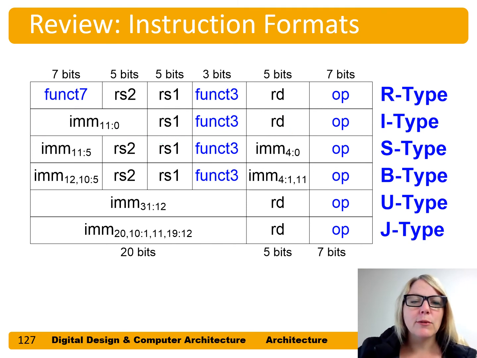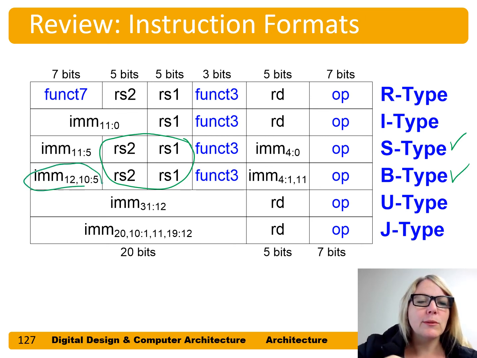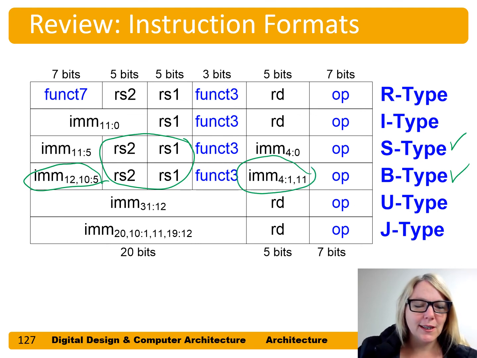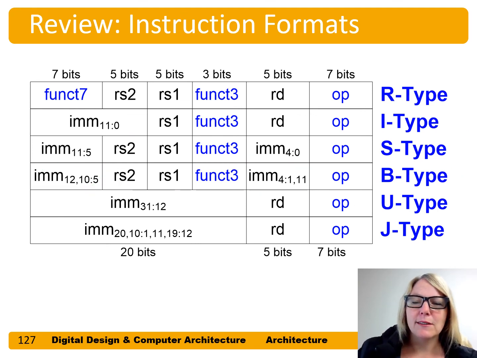S and B type instructions have 2 source operands and an immediate. For S-type instructions, a 12-bit signed immediate. For B-type instructions, a 13-bit signed immediate with a strange bit swizzling of the immediate across these 2 bit fields in the instruction, and we don't encode bit 0.